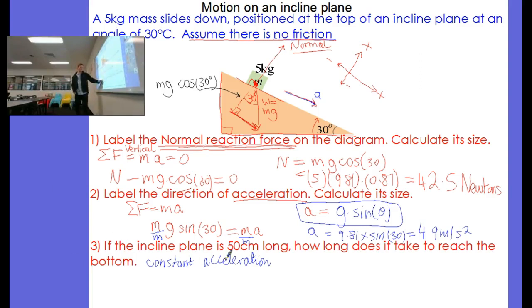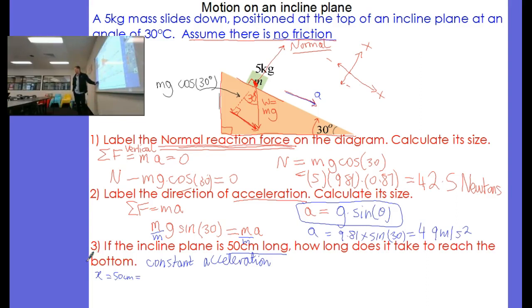If the inclined plane is 50 centimeters long, how long does it take to reach the bottom? Okay, so if it's traveling 50 centimeters long, it's undergone what's called a displacement of 50 centimeters. Although centimeters isn't a very good measure of distance that matches with acceleration and with force.